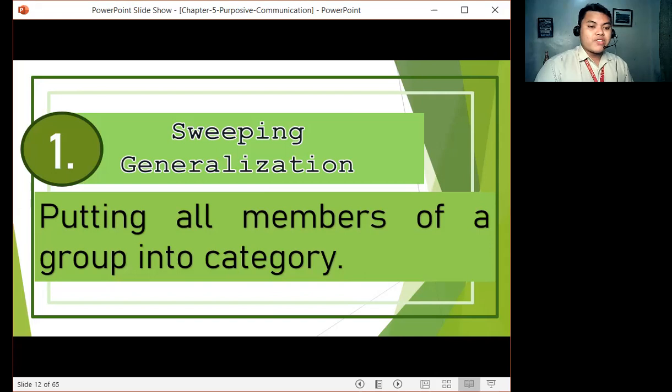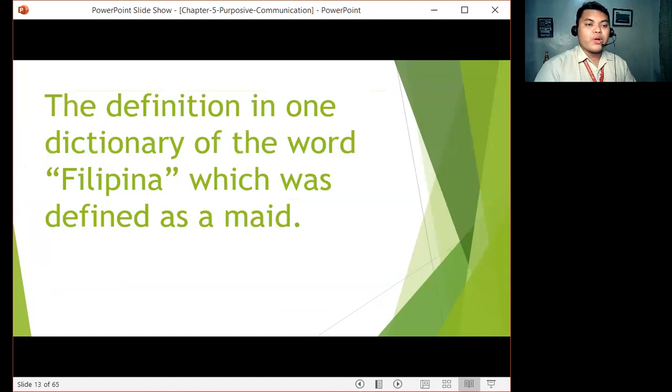If we say sweeping generalization, it has something to do with putting all members of a group into a category. Again, putting all members of a group into a category. Let's have an example of it. The definition in one dictionary of the word Filipina was defined as a maid. This statement was a big issue a couple of years ago, that one particular country stated in their dictionary that the definition of Filipina is a maid.